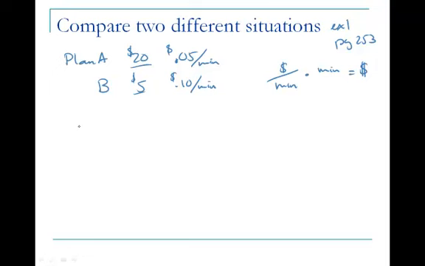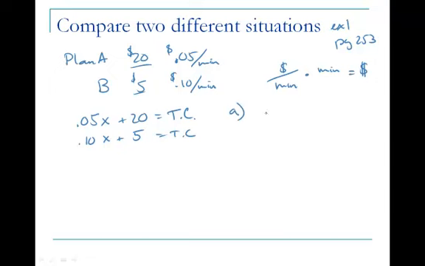So plan A would be 0.05 times x, which is the number of minutes, plus the $20 will equal the total cost. And plan B would be 0.10x for the number of minutes plus $5 would give us our total cost.